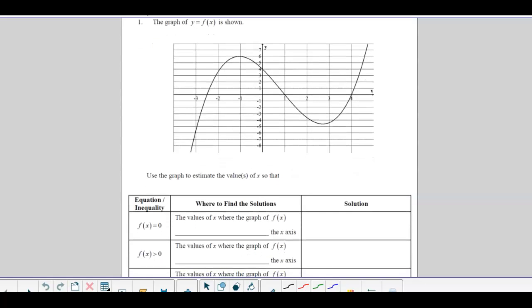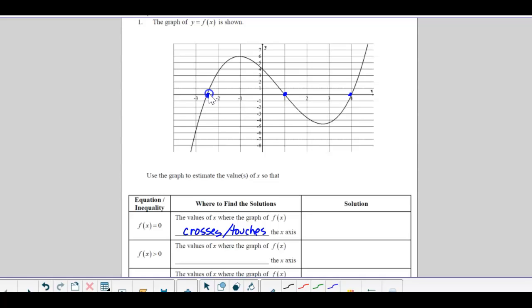So we're looking here at the equation when it's equal to 0. So when y is 0, what's x? The values of x would be the x-intercepts, where the graph of f of x crosses or touches the x-axis.